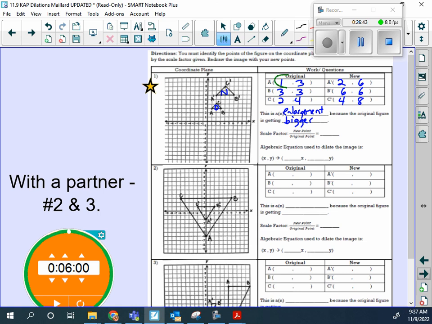So I would pick this one. All right. The new point was (2, 6). The original point was (1, 3). Well, 2 over 1 is what? 2. 6 over 3 is what? 2. So the scale factor is 2.